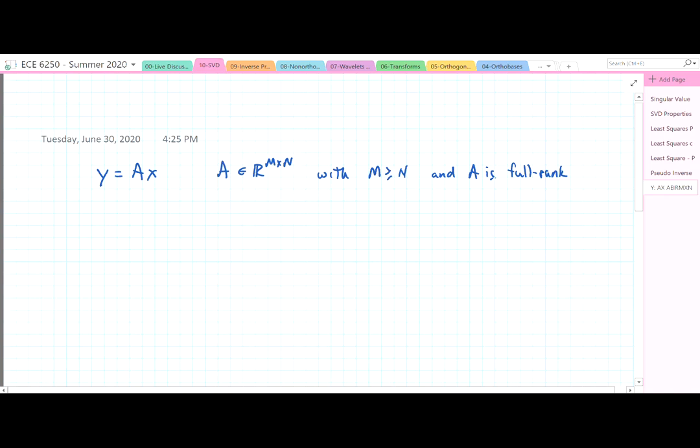So we can't invert A because A is not square. But if we multiply both sides by A transpose, we get A transpose A x, and this is invertible.